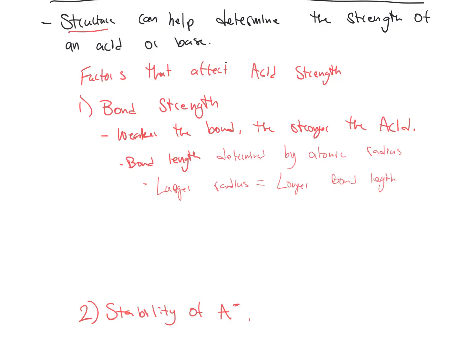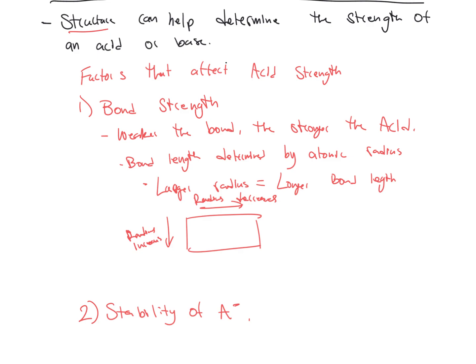You have to remember, if we think about the periodic table, as you go down, radius increases. As you go across, radius decreases. And so the larger that bond is, the weaker the bond, and the stronger of an acid you're going to have.